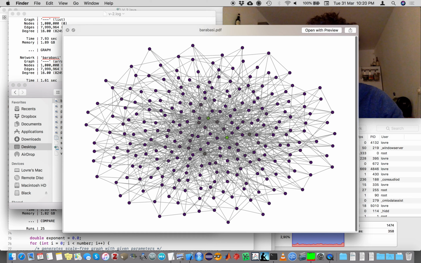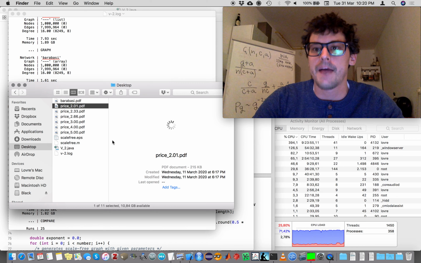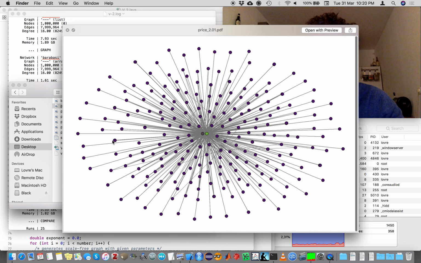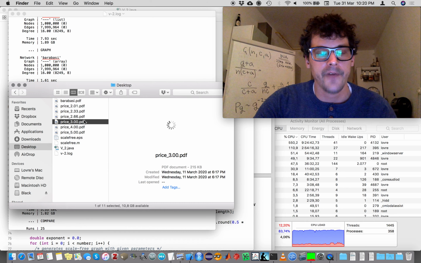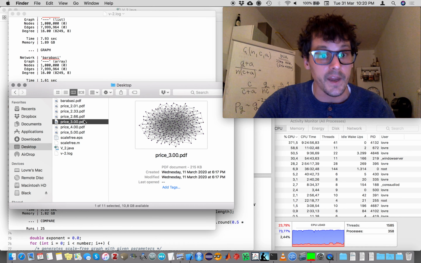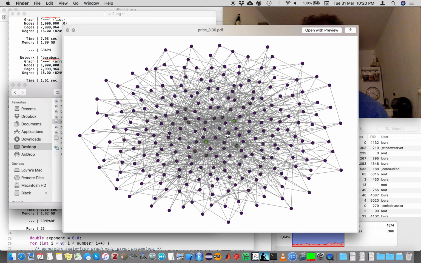You can see some high degree nodes here shown with green color. Now for the Price model, if we set gamma to super low, this will basically generate a star-like graph where more or less everybody connects to 1 or 2 hub nodes. And for larger values of gamma, we get networks that, for instance, resemble the Barabasi-Albert networks, and you again see some high degree nodes here in the middle.